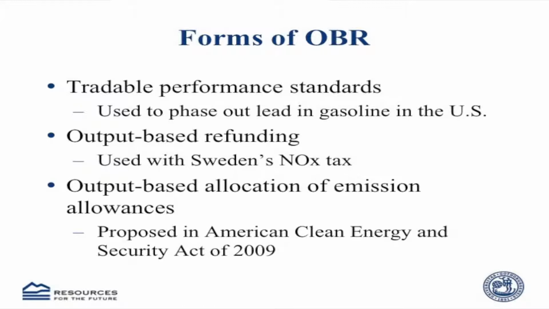But also a form of this is being used in the EU now with the benchmarking program. And Australia pretty explicitly chose a form of output-based allocation until the new prime minister decided to get rid of the carbon tax that was going to phase into carbon trading. But anyway, you can see the popularity here.